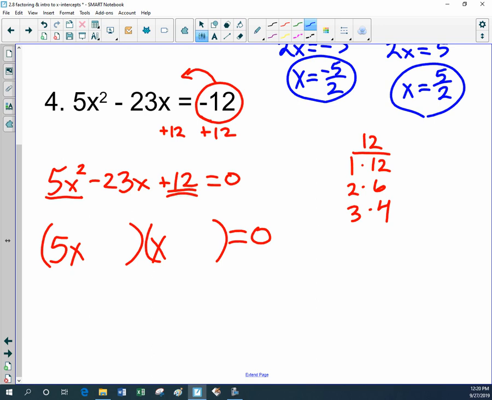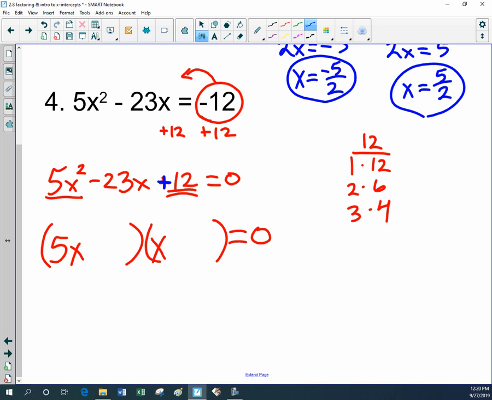Okay, so now one thing that we need to clear up, because we're making this a little more difficult than what needs to be. When we're identifying the signs, remember, you're looking at this term right here. This is the sign that's going to tell you what's going on with your signs. If this is positive, both signs are the same. So that means they're either both positive or both negative.